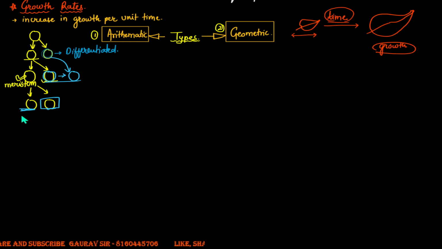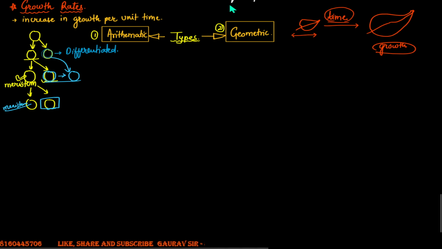The other cell will not undergo the differentiation process, but would remain as meristem. Such a model of growth, where one of the cells divides and the other takes up differentiation and becomes specialized with respect to its form and function, is referred to as an arithmetic growth model.